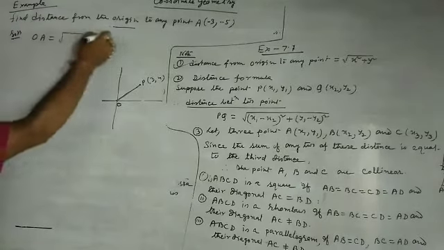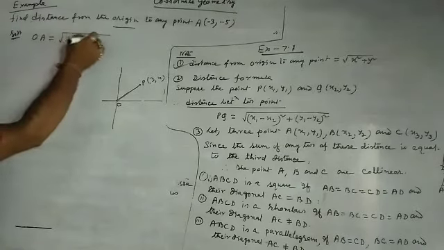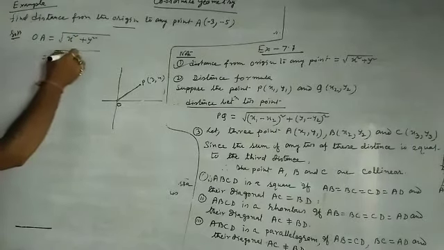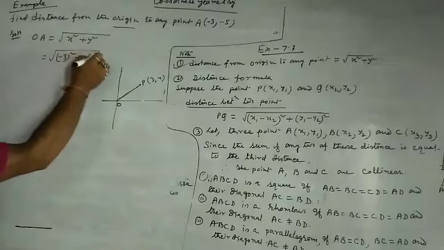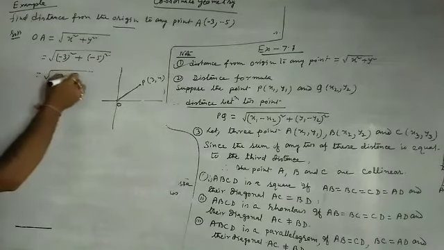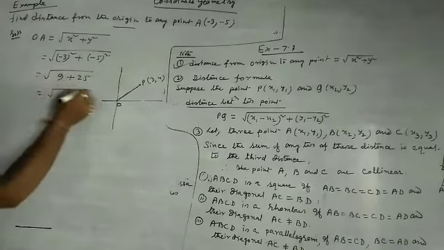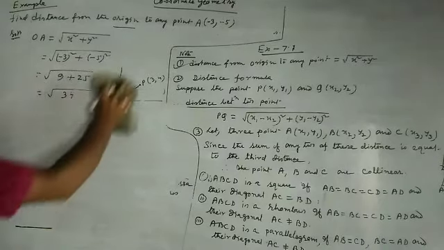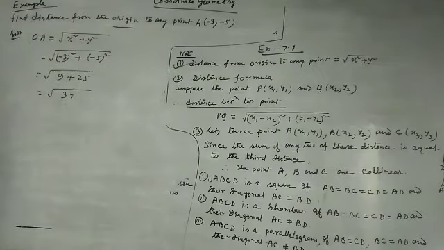OA is equal to root of x square plus y square, where the x coordinate is -3 and the y coordinate is -5: 9 plus 25, 34. So this way we find the distance from the origin to any point.